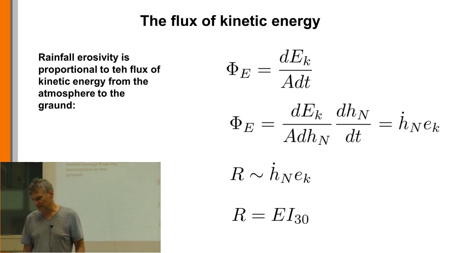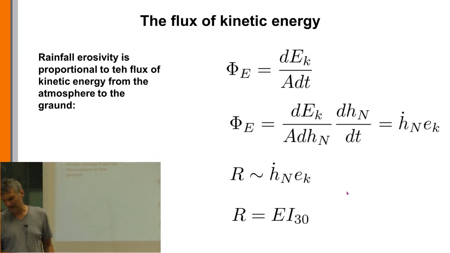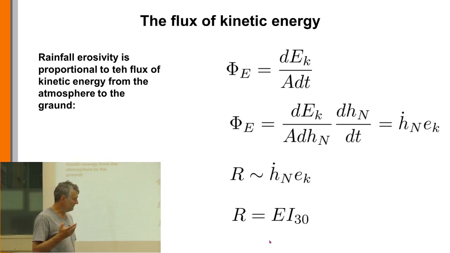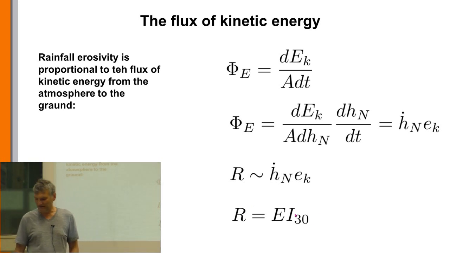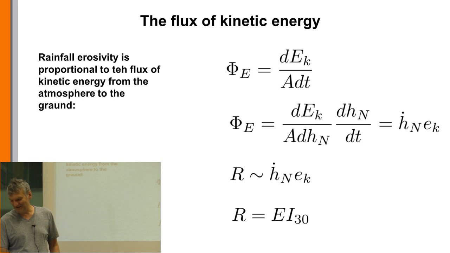In agricultural engineering, by Wischmeier and Smith, the kinetic energy density is described with a capital E. So this is the rainfall kinetic energy intensity, and this is the rainfall intensity.